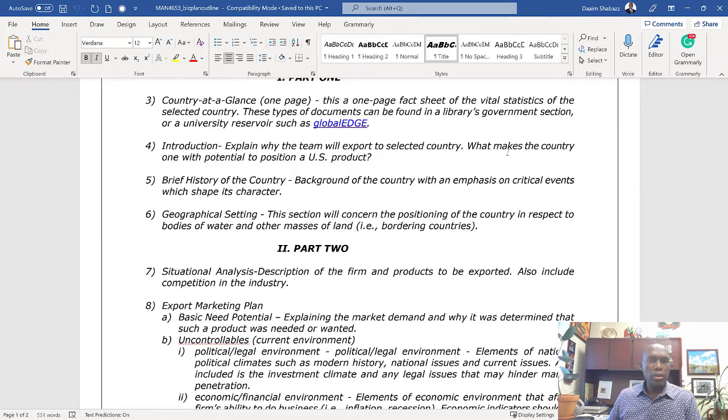What is important when you look at the geographic setting is where that country is located. How does the coastline look? Is it landlocked? Is it an island? What countries is that body of land next to? Is it mountainous? Does it have valleys? All of these things are very important in terms of distribution. So that's why the geographic setting is so important.